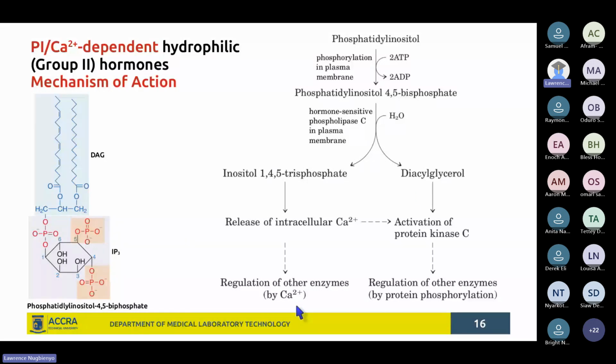The diacylglycerol does the same. We'll see a specific example where the diacylglycerol, which is now activated by the calcium ions, will now be fully activated to go into the regulation of other biochemical reactions by phosphorylating some proteins, because it's a protein kinase.